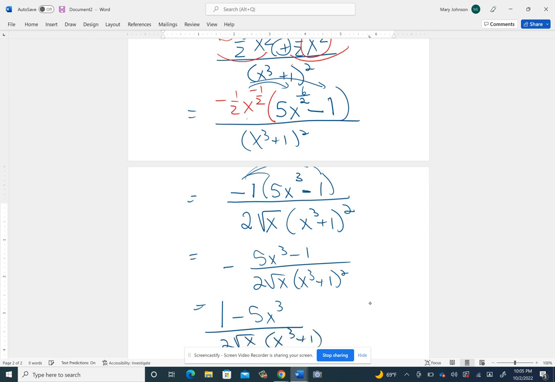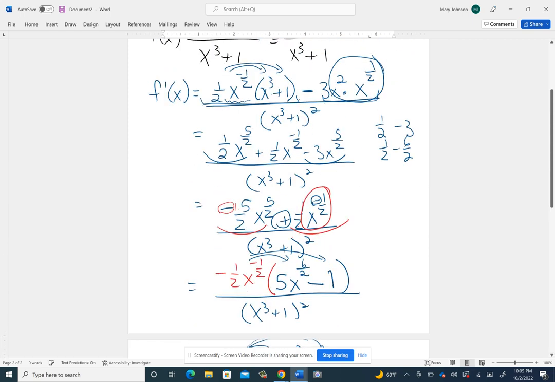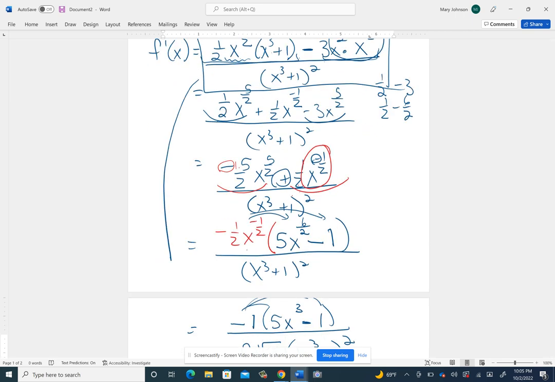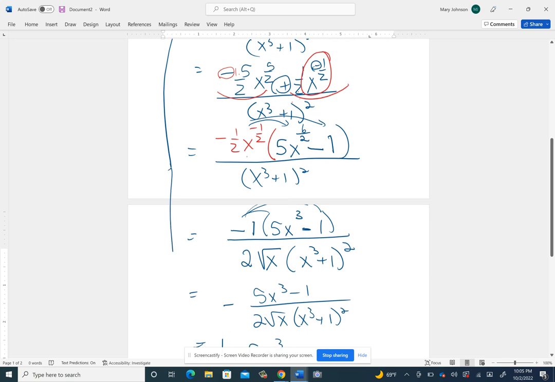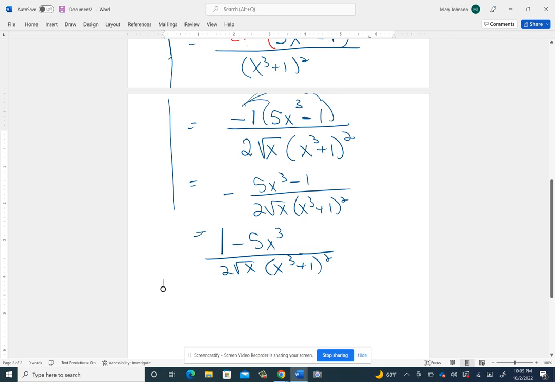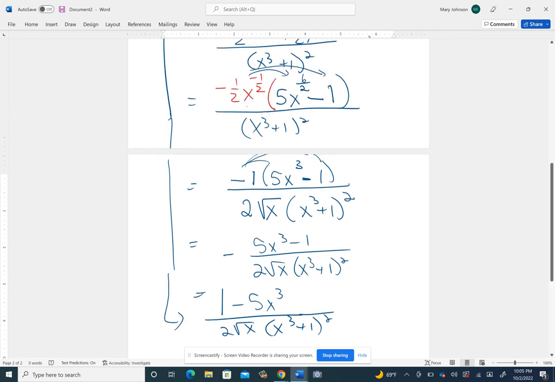So part of your challenge is going to be when you think you've done the derivative correctly, which would be this part. I'm going to be checking that part first. Is that right? And then from here to the end, we're using some algebra skills. And I wanted to show you that idea of factoring out the common factor.